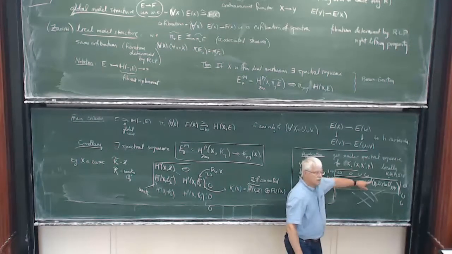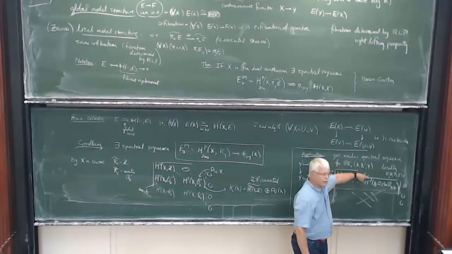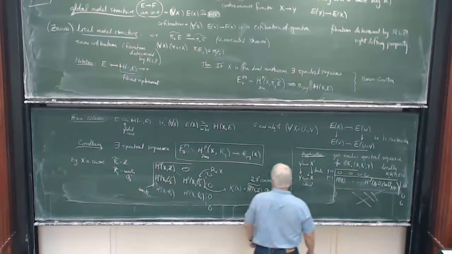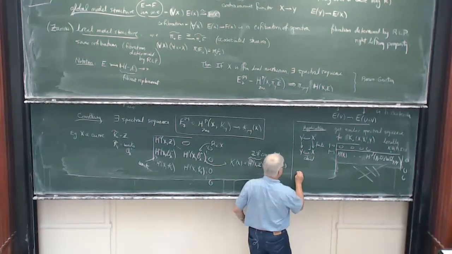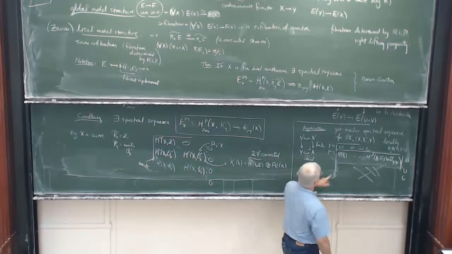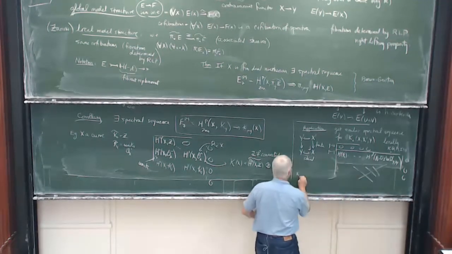The point is that this little thing in the corner has no differentials coming into it, no differentials coming out of it. And so what you end up getting is that, so what degree is it living in? It's 1 minus d.